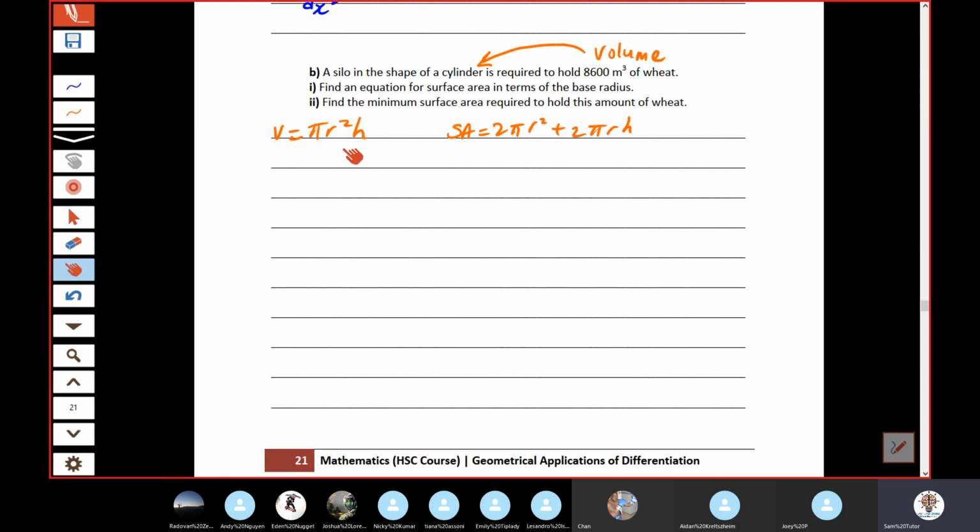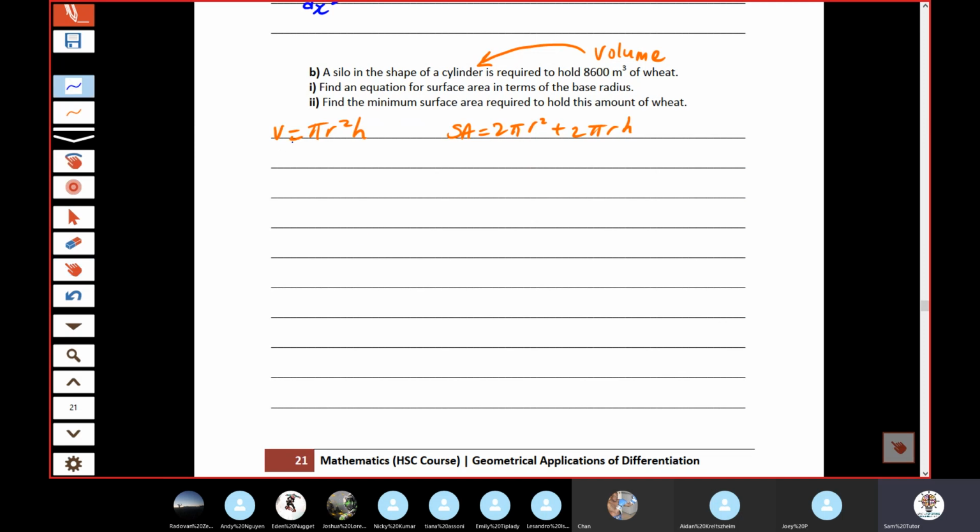I said you're going to have 2 equations, and then from one, make it the subject, sub it into the other one. But for harder questions, they usually walk you through it. But you guys should already know that. So to you, it's irrelevant telling you it's in terms of the base radius, because you already know I have to make it in terms of the one letter, or the 2 variables in this case here.